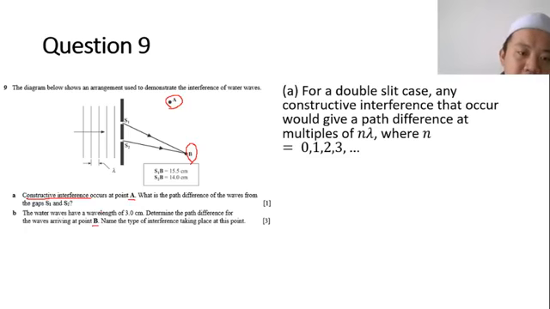Between S1 and A, this is the first wave. If S2 goes to A, it will lag a little, right? It arrives late at A. So the definition of path difference is how much S2 lags in reaching A compared to S1.